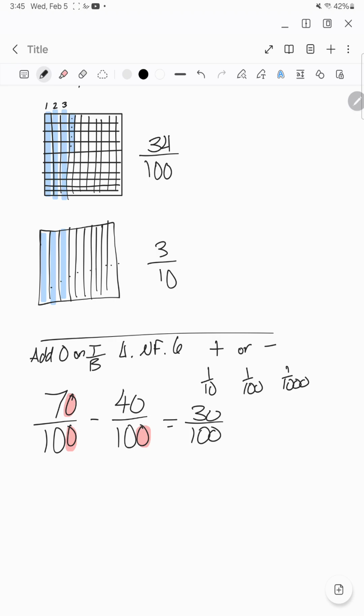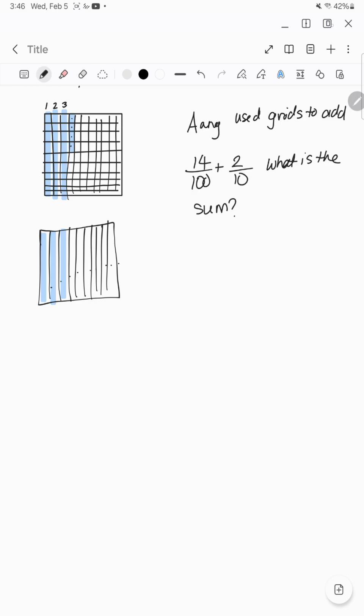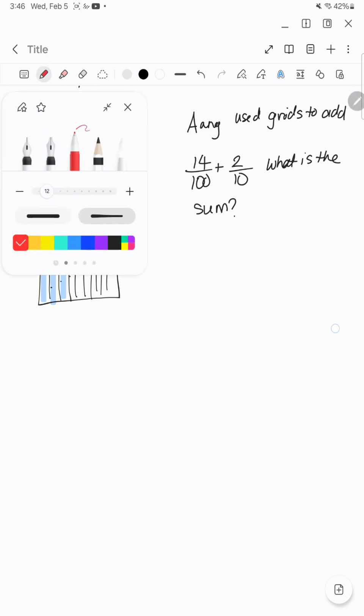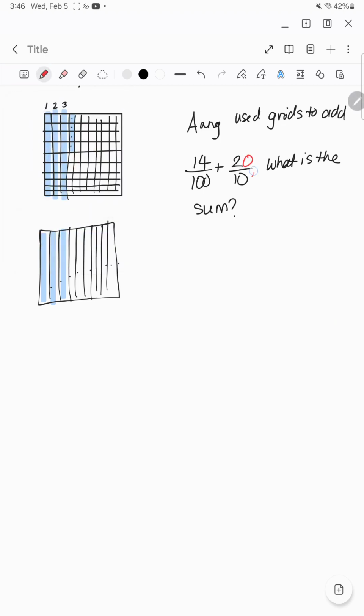And sometimes they will make you add, like for example, they might use something like this up here, and they might say, use grids to add 14 hundredths plus 2 tenths. What is the sum? Well, the students would have to add a 0 on top and bottom, because 10 is obviously the smaller one, so you would need an extra 0 on top and bottom, and now it would be 20 plus 14, which would be 34 over 100.